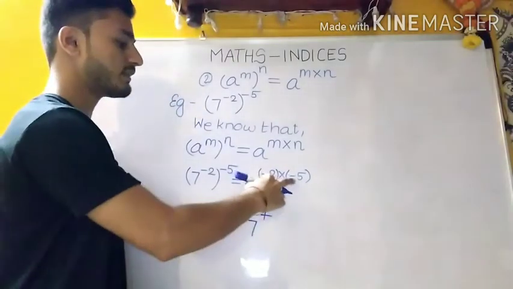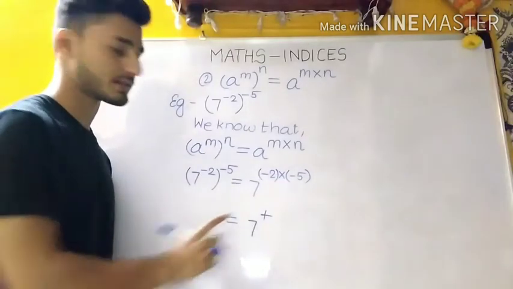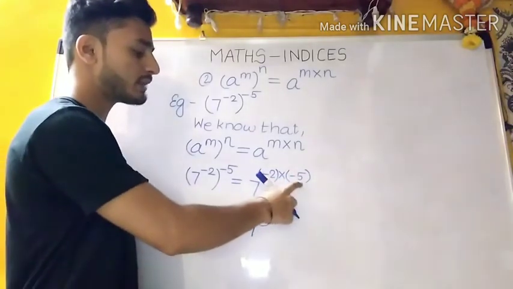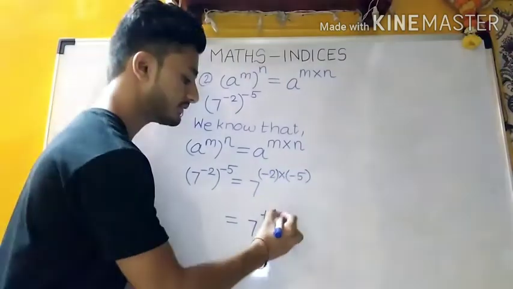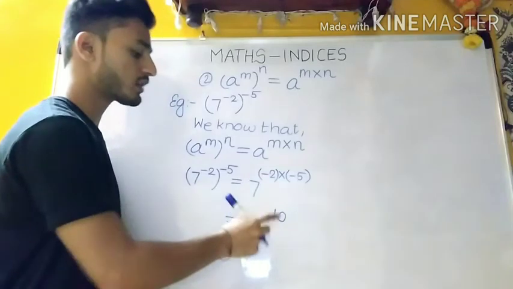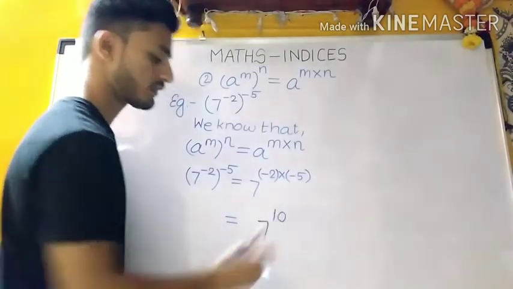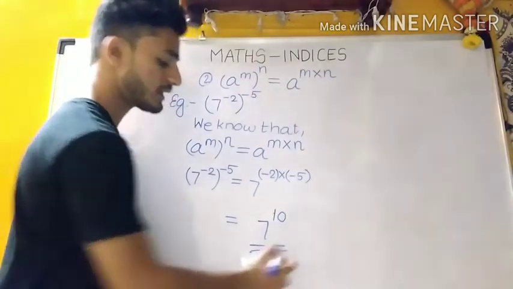And now after that we are going to multiply the numbers. That is 2 multiplied by 5. 2 5s is 10. There is no need of mentioning the plus sign. So you can just write 7 raised to the power 10. Okay, so this is your final answer.